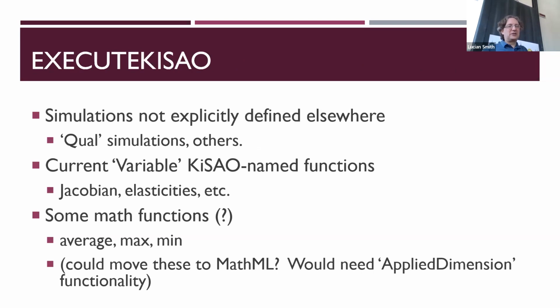All right, Casal. Casal is useful for simulations not explicitly defined elsewhere, like qual simulations or other things that the biosimulations group has been working on adding recently. There's a lot of stuff in current SED-ML that is the variable construct that would sort of be pulled into this Casal term.